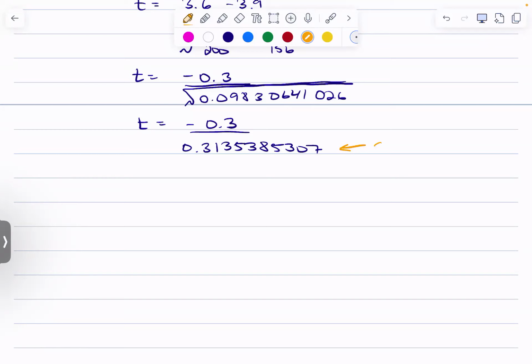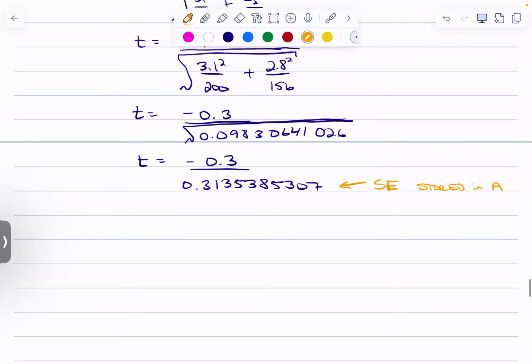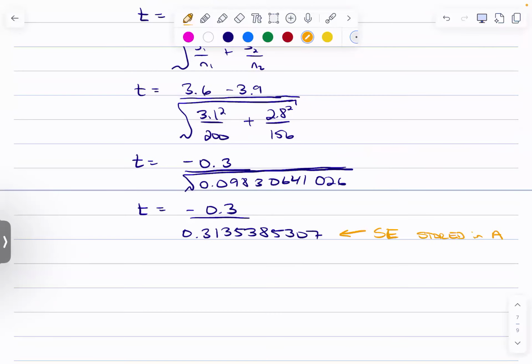But this means that the standard error, which I'm gonna store in A, and then I'll just do 3.6 minus 3.9 divided by that guy.